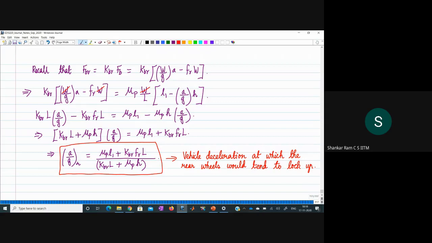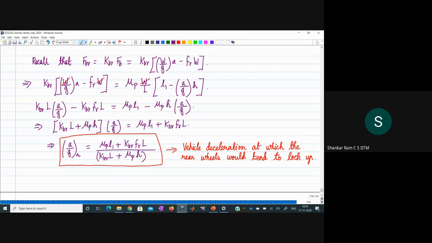That means the front wheels would lock up before the rear wheels, because the vehicle deceleration will reach 0.7 before it could reach 0.9. If the converse is true, that is, A by g F is 0.9 and A by g R is 0.7, we can immediately infer that the rear wheels would lock before the front wheels. That is the physical interpretation from this discussion.